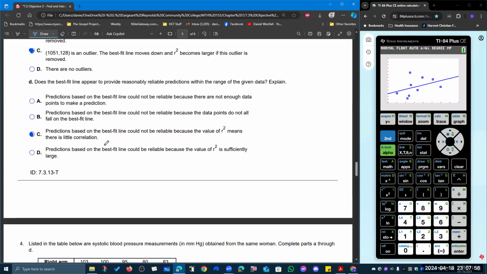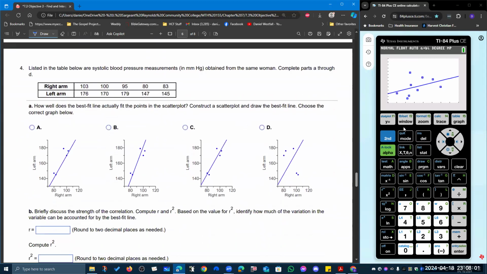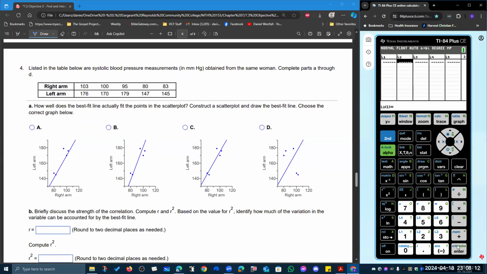Now let's look at number 4. And listed on the table below are the systolic blood pressure measurements in millimeters of mercury obtained from the same woman, complete parts A through D. So with her right arm, first I got a reading of 103, then 100, then 95, then 80, then 83.